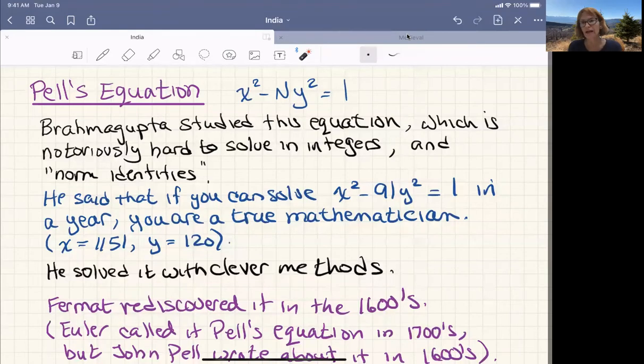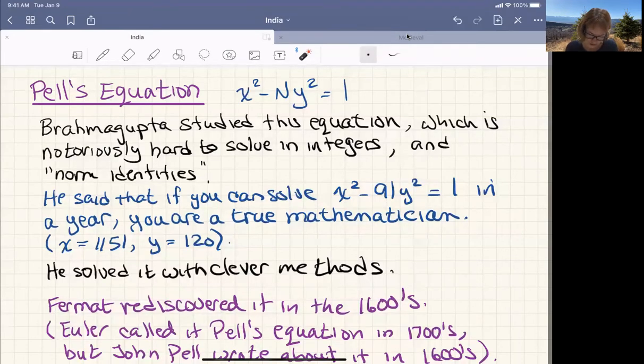But that's not good enough. We want our solutions to be integers. So just like when we found Pythagorean triples, we were only interested in integers that satisfied a squared plus b squared equals c squared. So this is like that. And then it turns out that this is actually a pretty hard problem in actually finding integers that satisfy this equation.